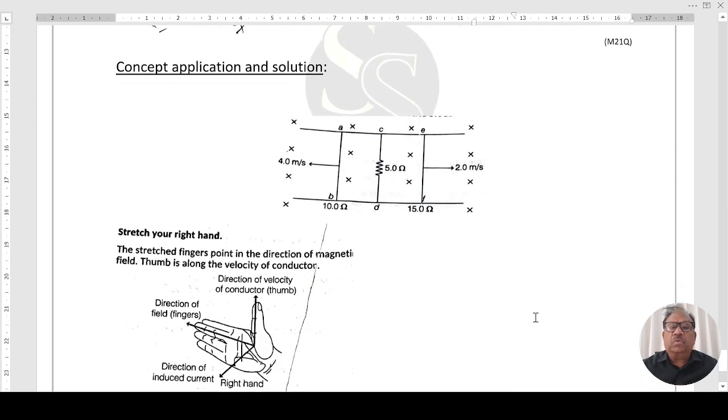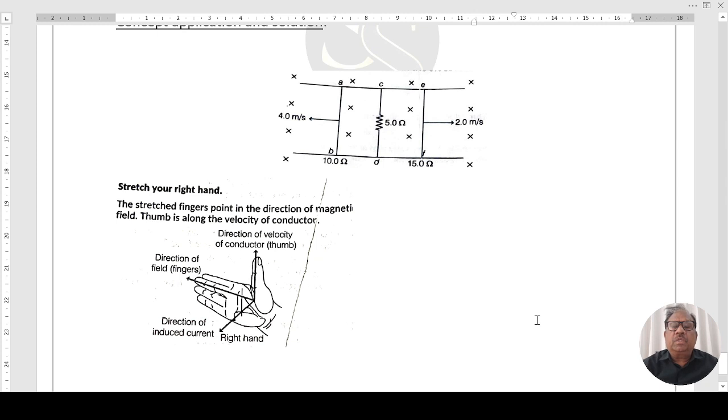Concept applicable in the solution: one is Fleming's right hand rule to find the direction of induced current. Another rule is the right hand rule. Now in this case, conductor AB is moving right with a velocity given to you, and the direction of magnetic field is given to you.